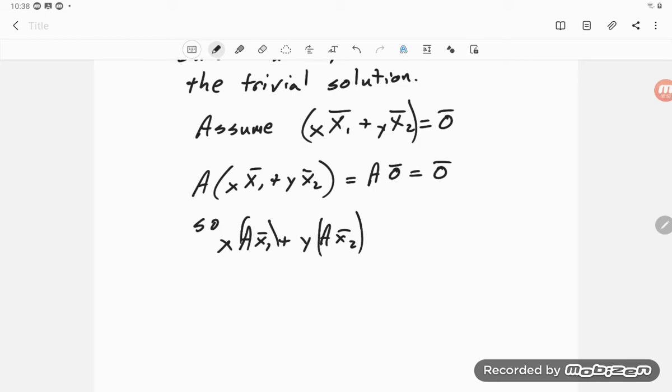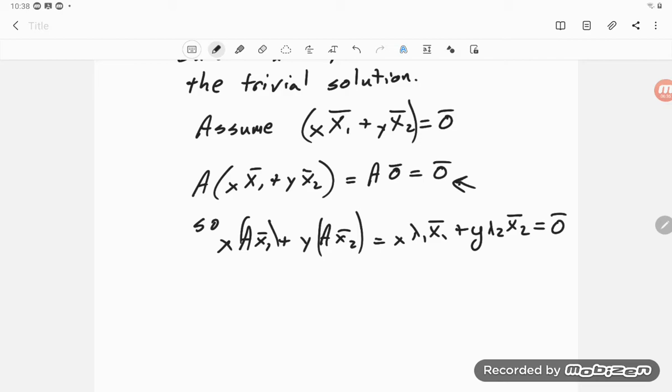But now, remember, we've got our A x1 and A x2, so this is equal to x times lambda 1 x1 plus y times lambda 2 x2. And that all has to be 0, because that's what we had right up here.